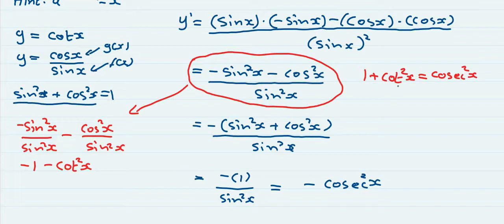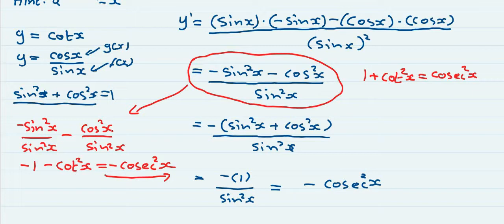So the result is negative cosec squared x after dividing by the negative. So the final answer is still negative cosec squared x.